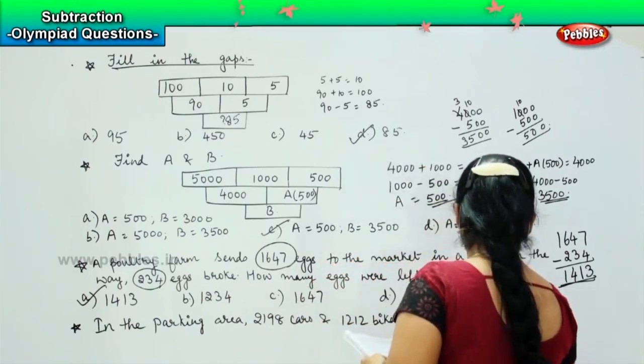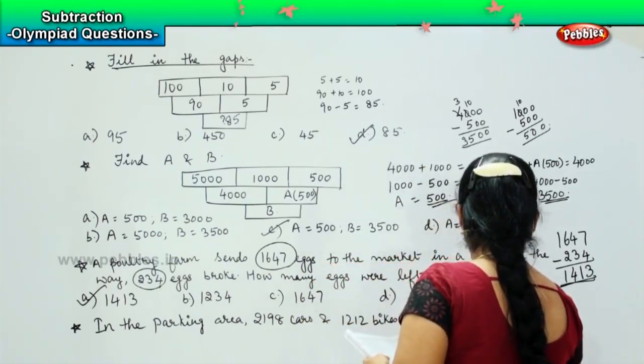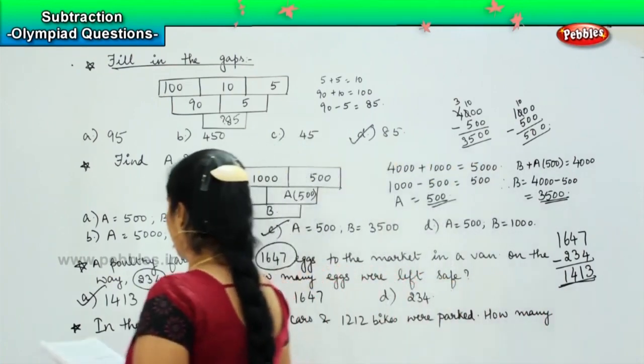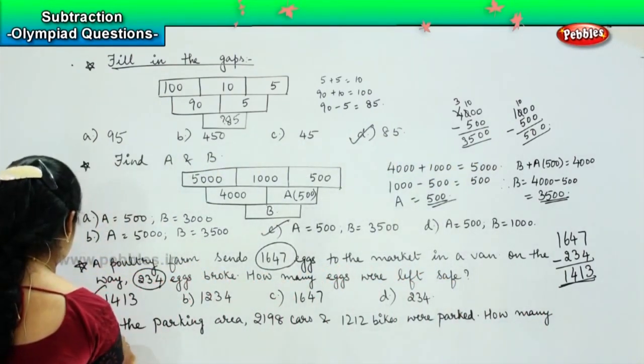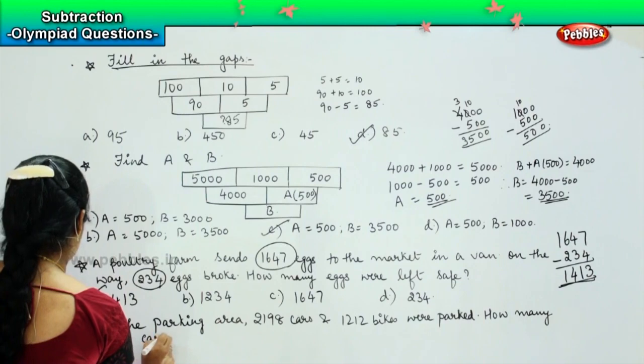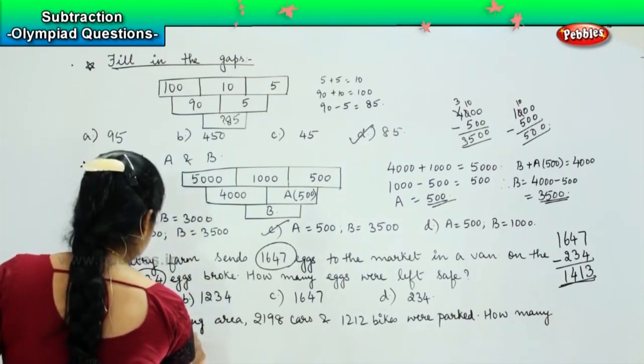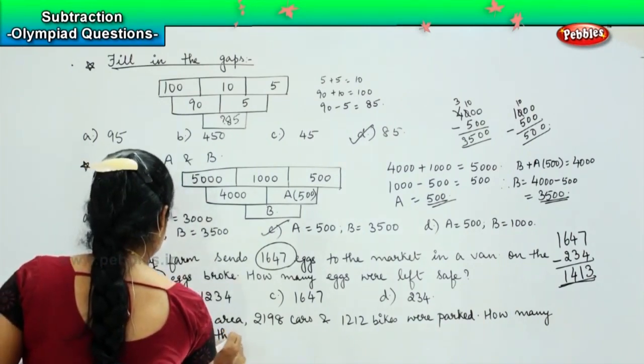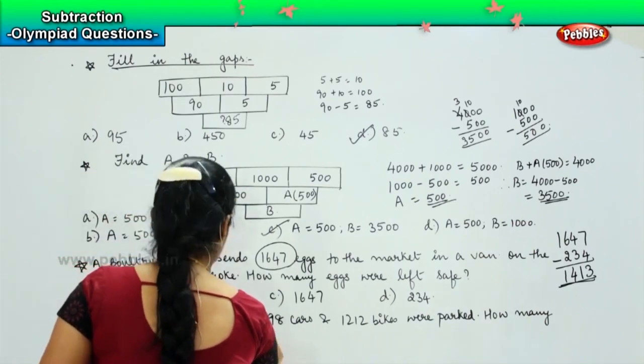How many more cars were there than the bikes?